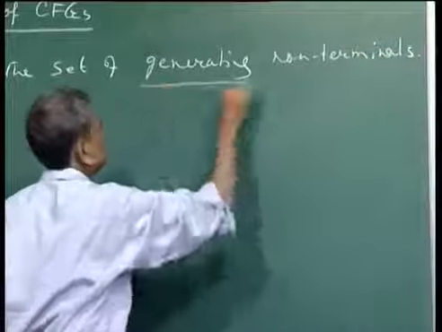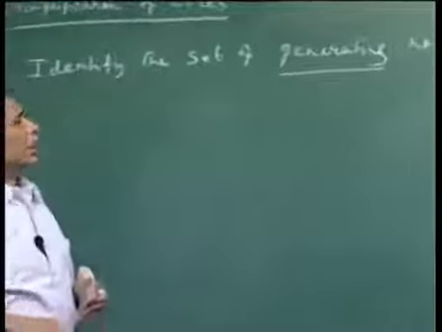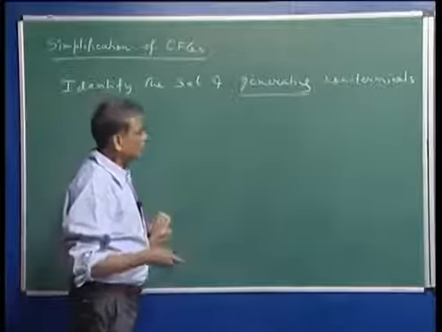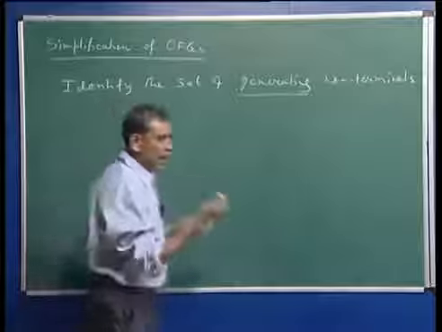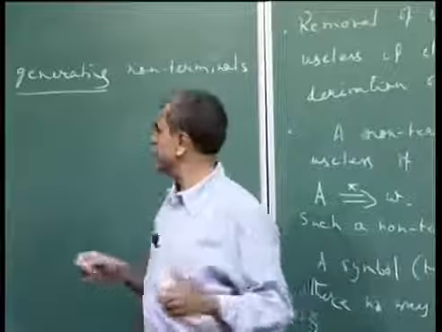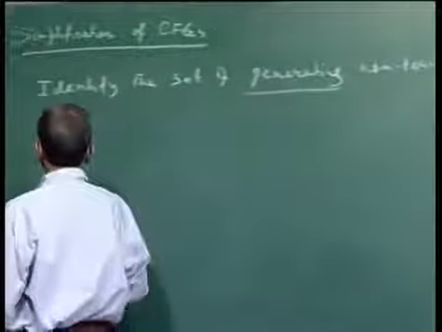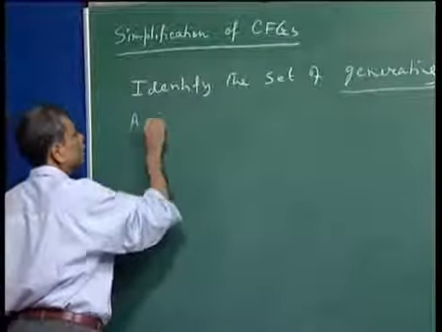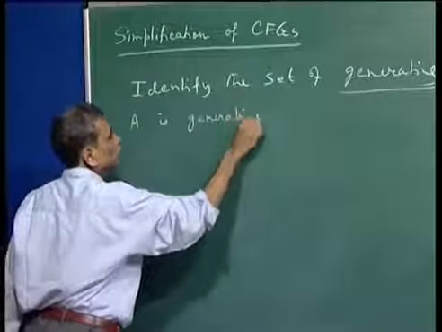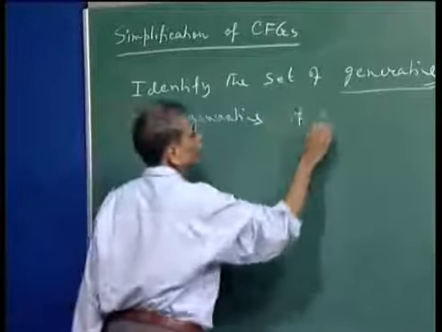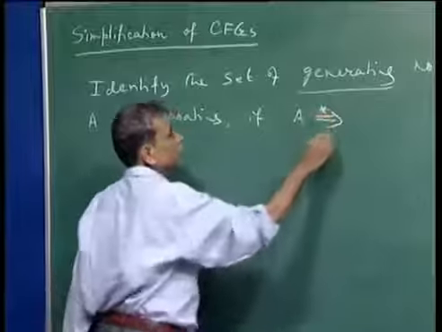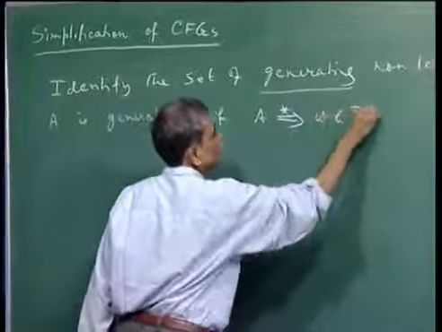Clearly, the definition of a generating non-terminal is that a non-terminal is generating if you can derive a terminal string starting from that non-terminal. So, we will say A is generating if A derives some w in sigma star.